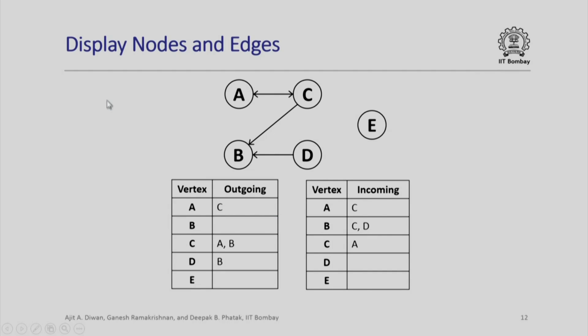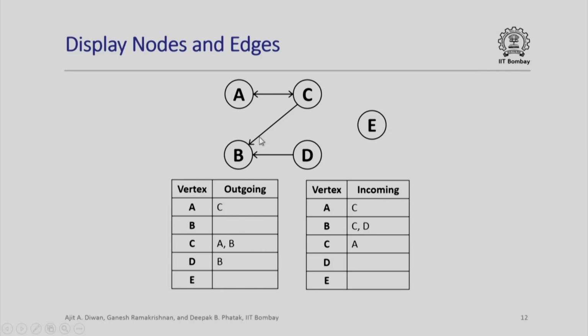We also have a requirement that at the end of our operations we might wish to display the nodes and edges of the graph in a printed format or a display format. Consider, for example, that we have this graph now after modifications. We should be able to write a display portion of a program which would be able to display, for example, vertices and all outgoing edges.